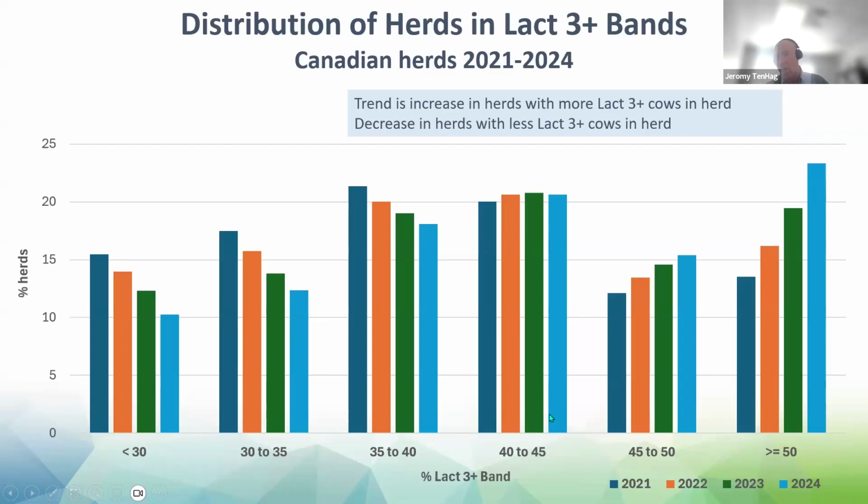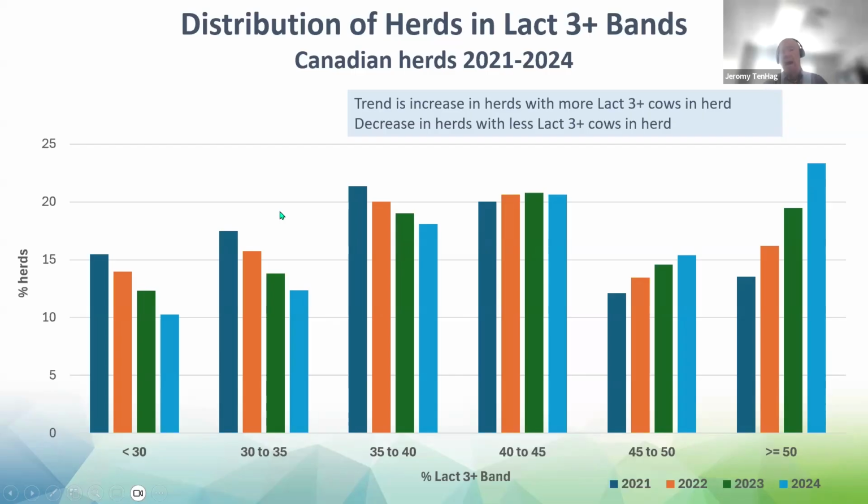On the right-hand side, this would be the herds where there are more than 50% of the herd in lactation 3 plus. Okay, and then you've got 4 categories in between those extremes. That's how you can look at these graphs, and most of them are set up like this.